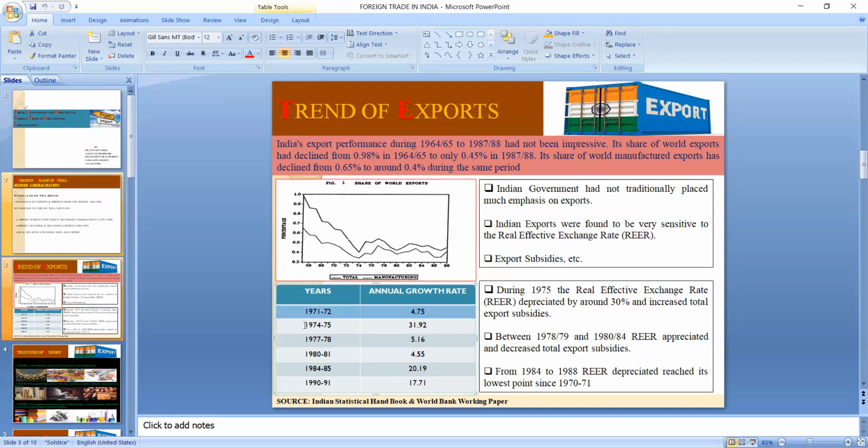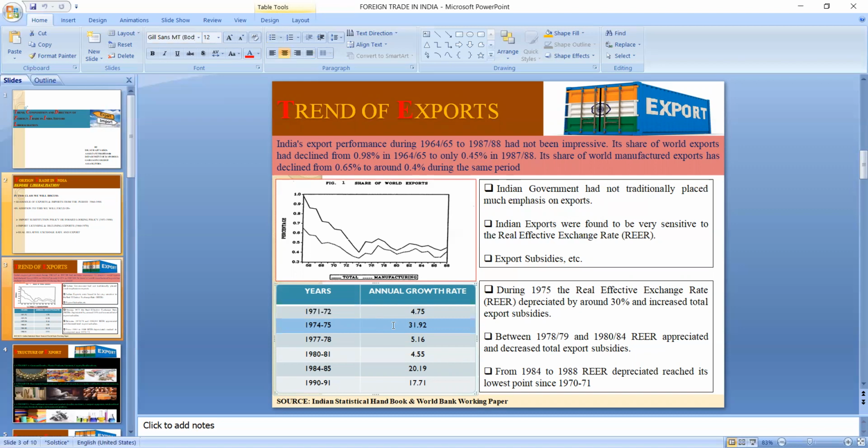And after two or three years, exports had improved a lot, from 4.75% to 31.92%. Now we need to find out the causes of this sharp improvement of Indian export.